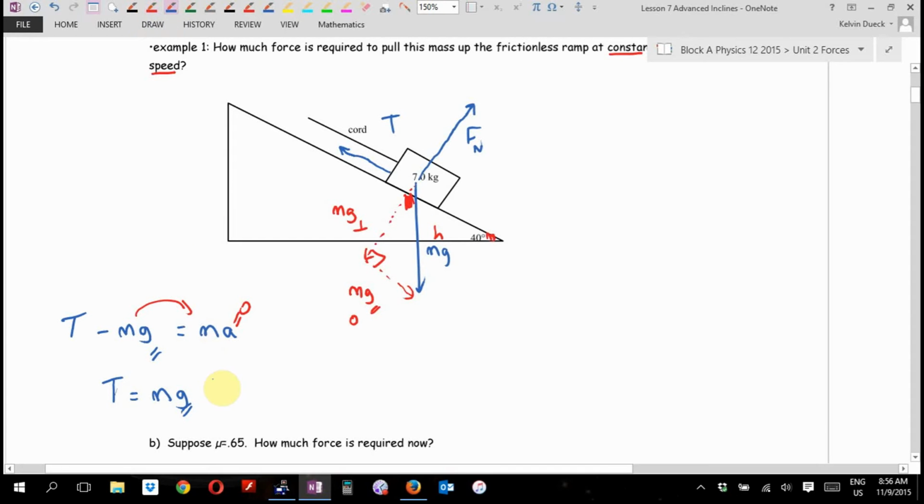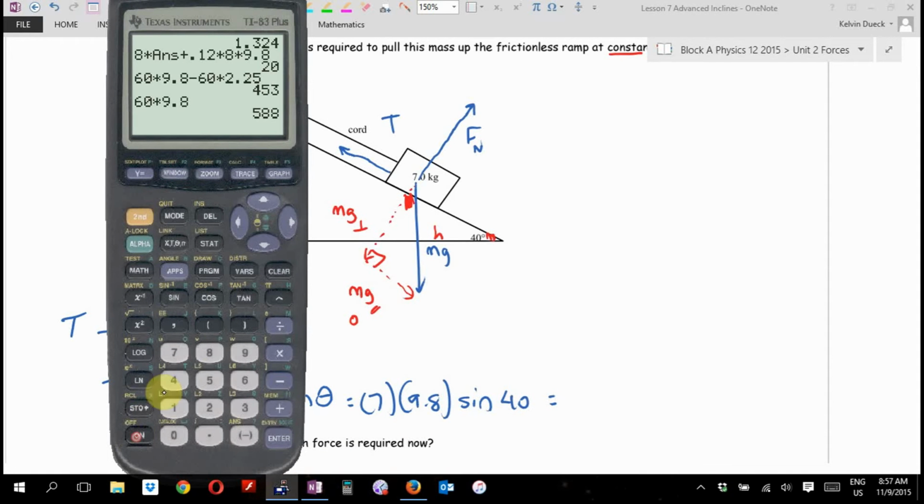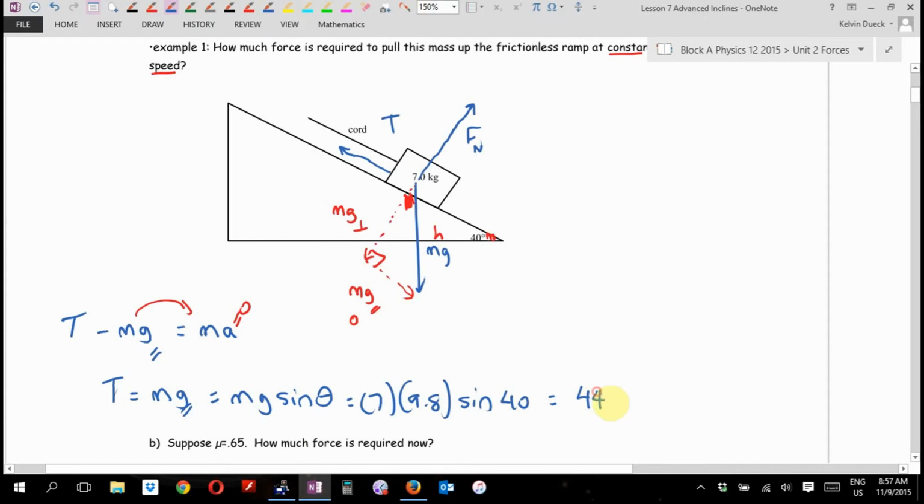So this is going to be mg sine theta. It's going to be 7 times 9.8 times sine 40, which gives about 44.1 newtons, because it's tension. Is that okay, Jake? Thumbs up.